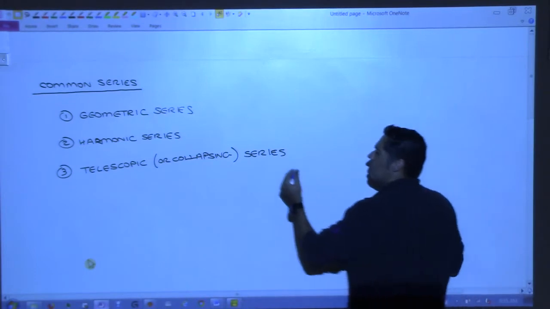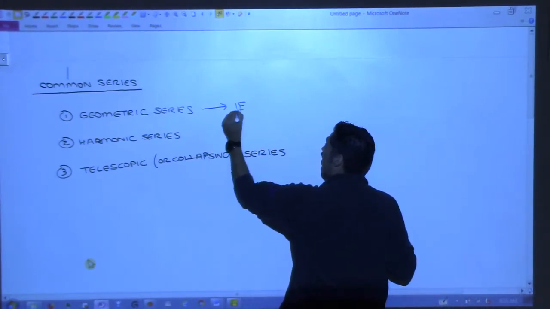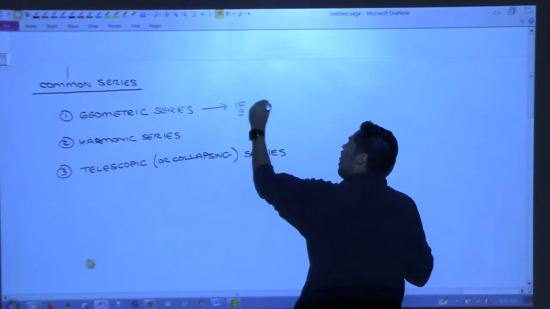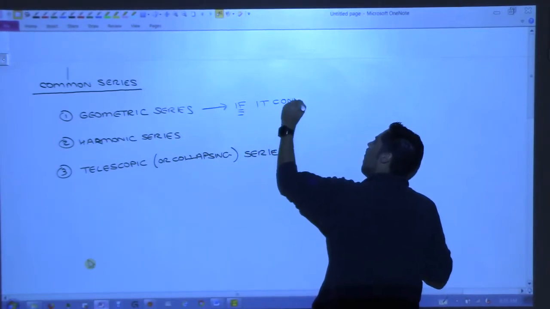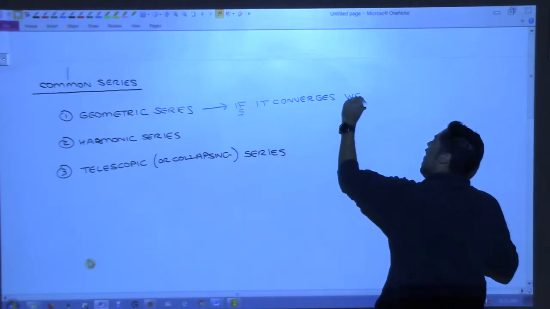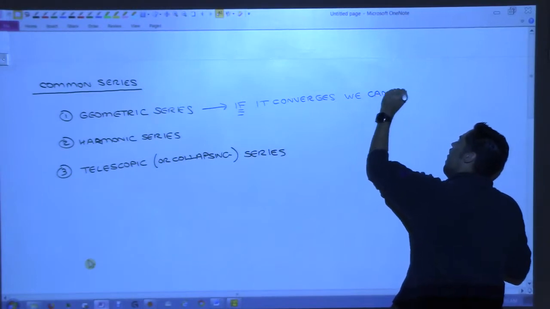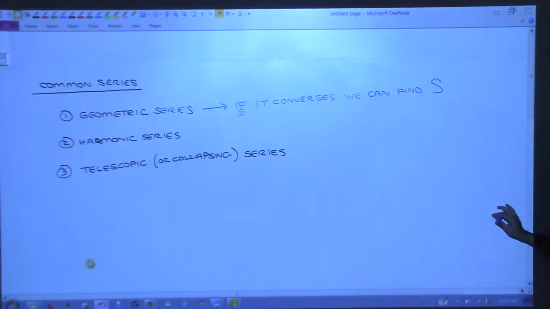And that is, with the geometric series, if, now this is a big if, if it converges, we can find capital S. What am I saying to you?